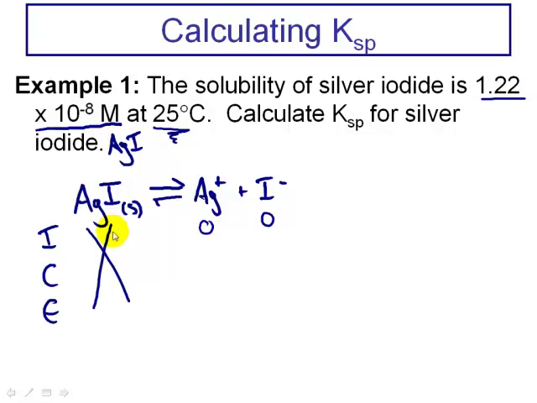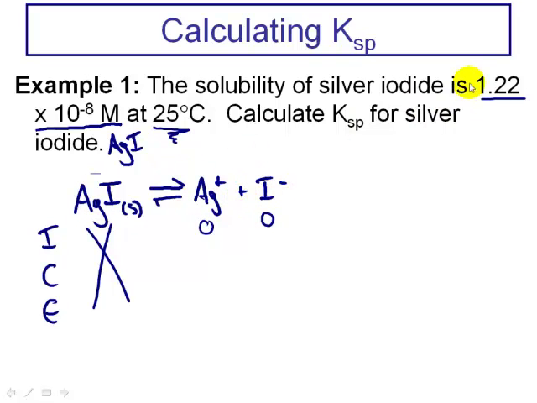Now here's what that means. You can see if you look at the formula, silver iodide, AgI, for each mole of silver iodide that dissolves, you get 1 mole of silver ions and 1 mole of iodide. I'm going to say that again. If you look at the formula of silver iodide, there's a 1-to-1 ratio. For 1 mole of silver iodide, you produce 1 mole of silver ions and 1 mole of iodide ions.